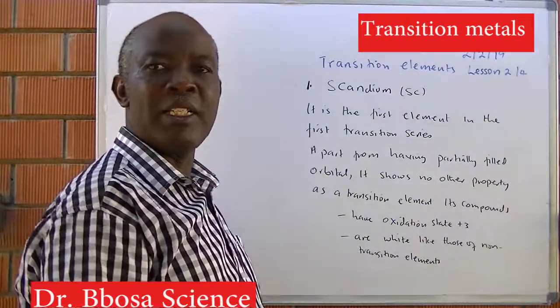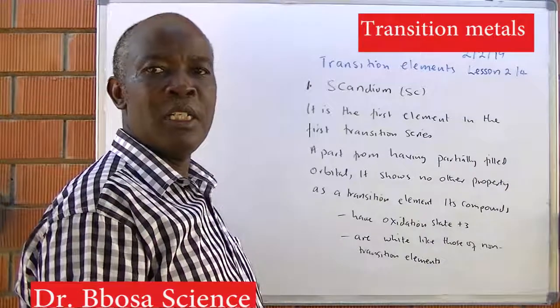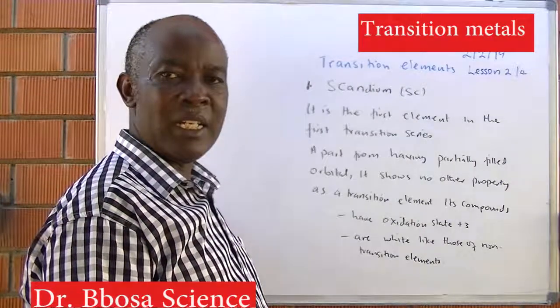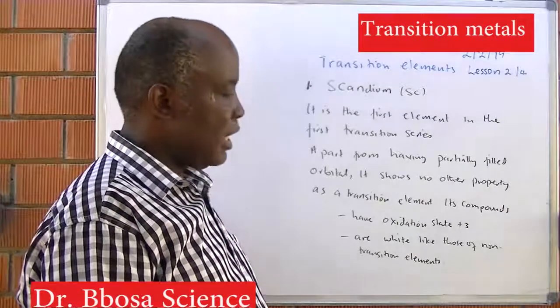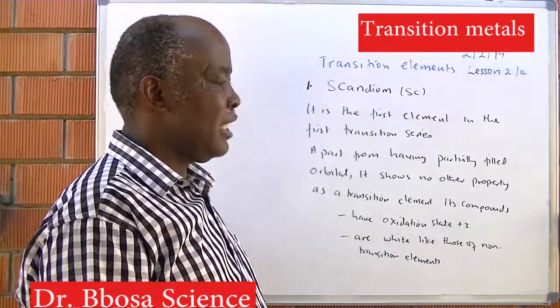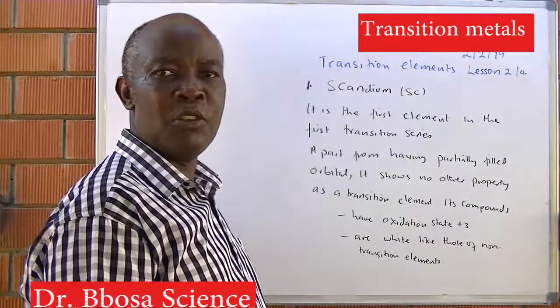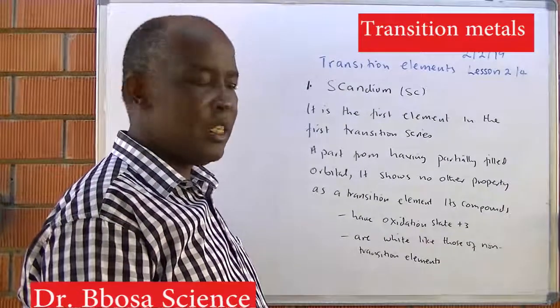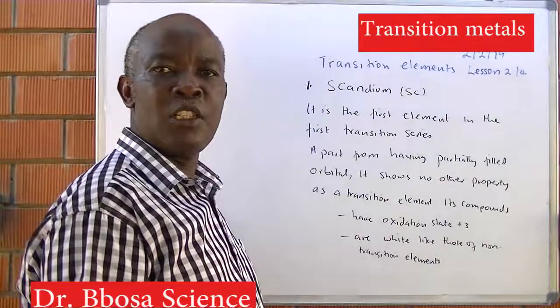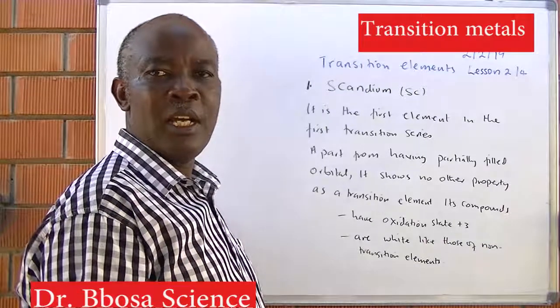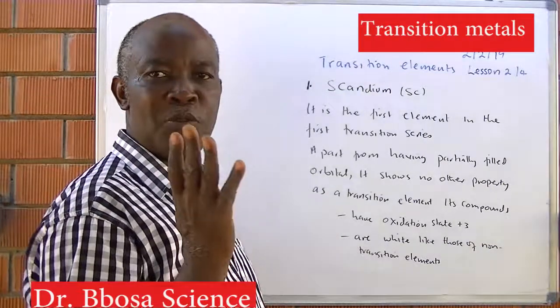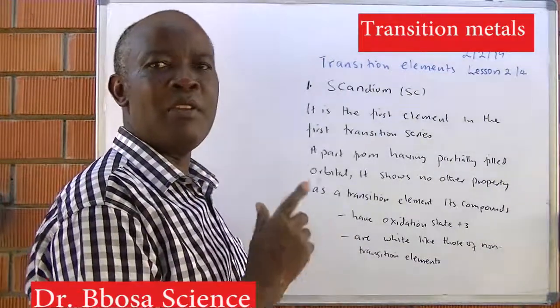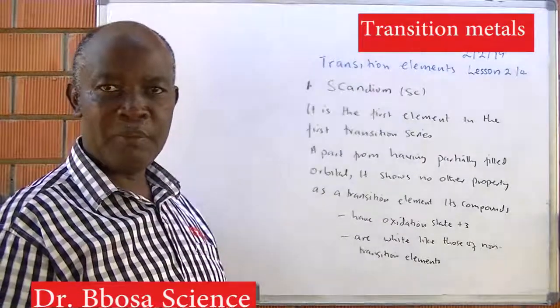Apart from having a partially filled d orbital, it has no other property as a transition element. In its compounds, it shows oxidation state positive 3. Its compounds are white. Actually, most of the chemistry of scandium is similar to that of aluminium.